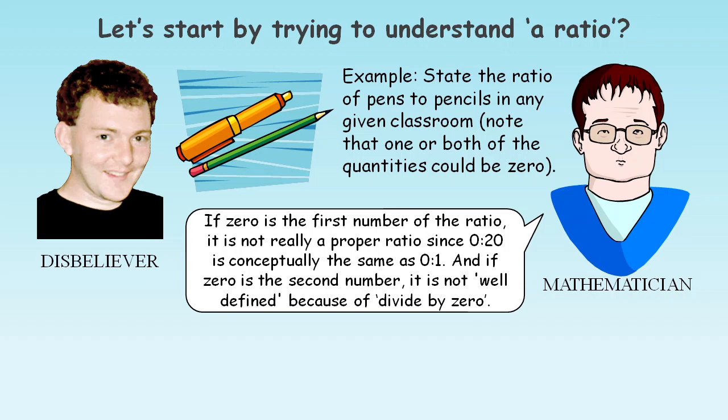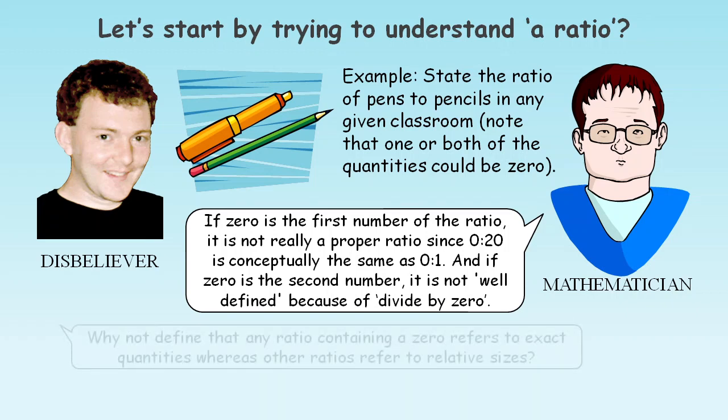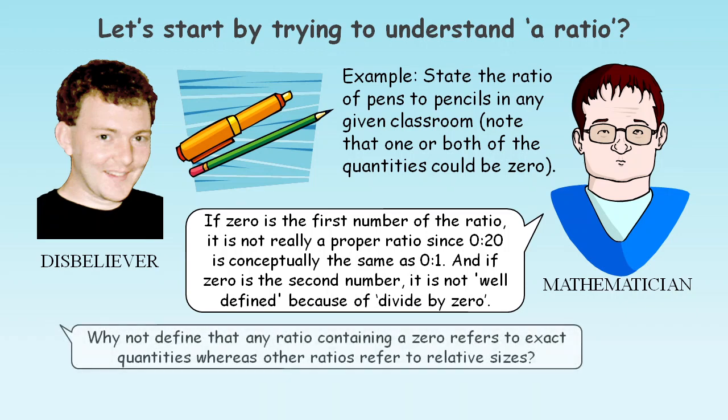And if 0 is the second number, then the ratio is apparently not well defined because of the implied divide by 0 problem. A simple solution would be to define that any ratio containing a 0 refers to exact quantities, whereas other ratios refer to relative sizes. But mathematicians won't do this because they want two-number ratios to be conceptually equivalent to fractions, and what they want, they get.